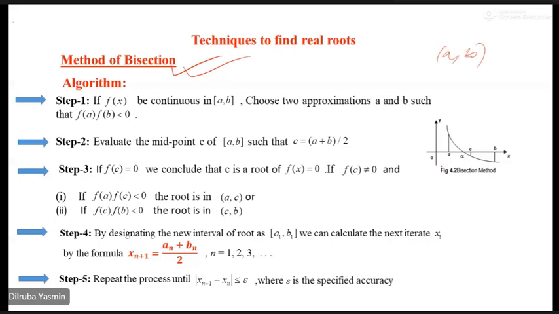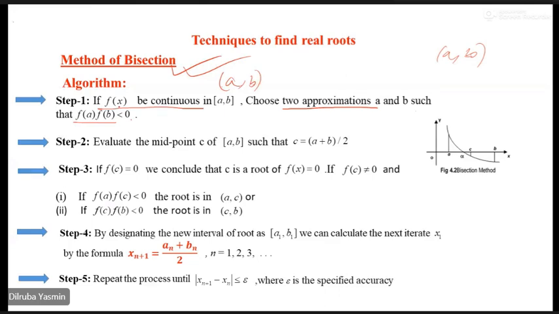If f of x is continuous, then only you choose two approximations a and b such that f of a times f of b is less than 0. That means a real root exists in the open interval a comma b, isn't it?